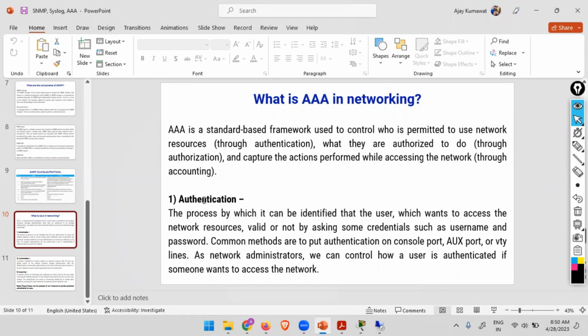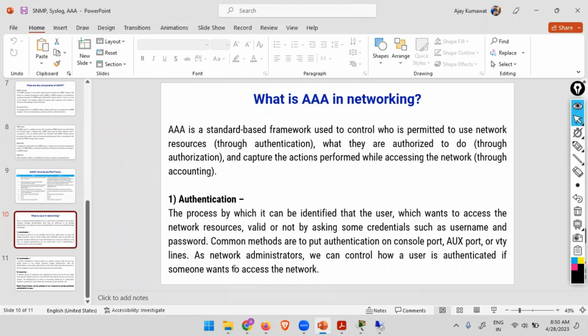So if we discuss authentication, it is the process by which it can be identified whether the user who wants to access the network resource is valid or not, by asking for some credentials such as your username and password. You can verify. Common methods are to put authentication on the console port, aux port, or VTY lines. On the VTY lines we put, right? One time I showed you just with the password.